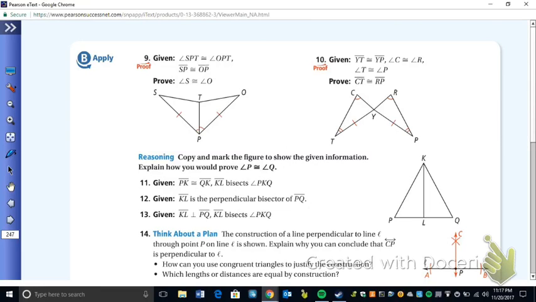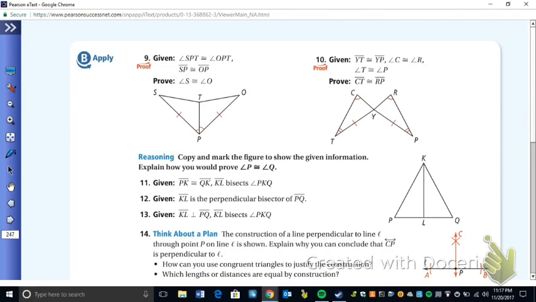So next, I'm going to walk through all three of these. Again, I'll show you what the theorem is behind it, but I want you guys to actually sit there and work on the proof part. So here, we're told that KL is the perpendicular bisector of PQ. So that means that it hits at 90 degrees, and bisector, cuts in half. We just went over that.